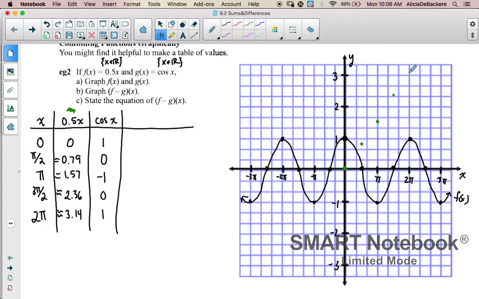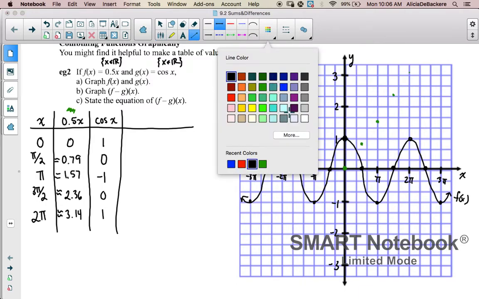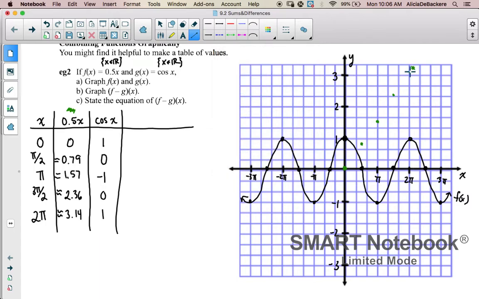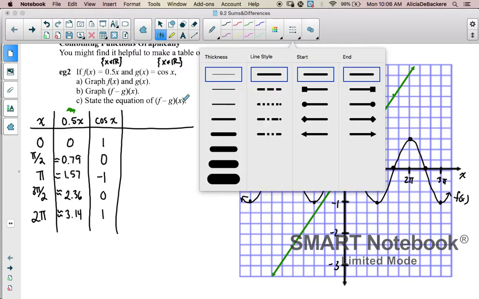Hopefully we're comforted by that. And then I'm just going to grab my line tool or my ruler, and we'll drag that out. Okay, so now we've got our line, we've got our cos graph. We just need to come up with the subtraction now.